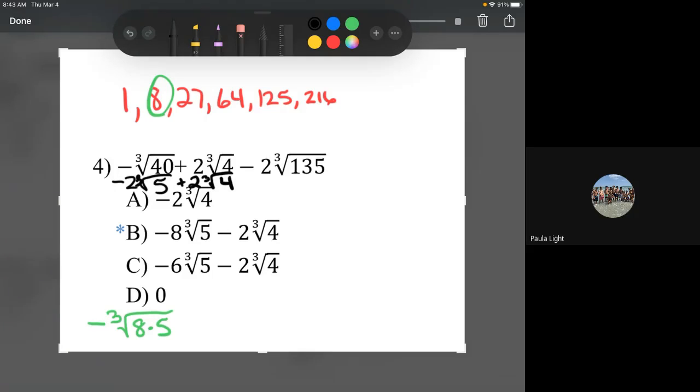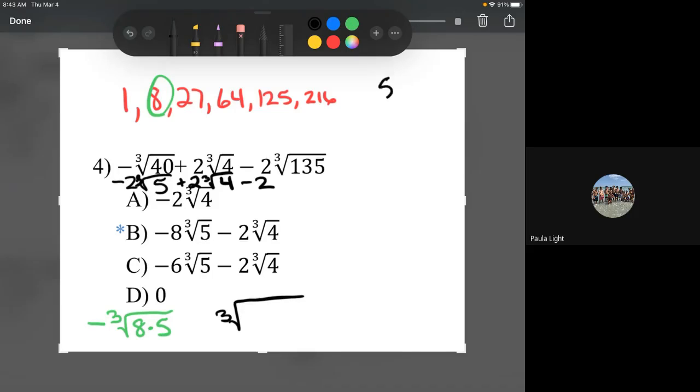And the last one, minus 2 cubic root of 135. So we got to break down the cubic root of 135. How would we do that? What goes into that? What goes into 135?